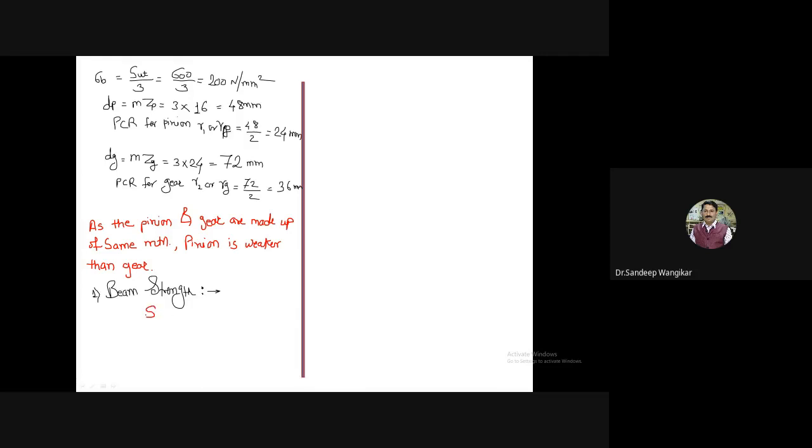All things are given, so I will write down SB is equal to MB sigma B into Y. Just substitute the values: 340, sigma B 200, and Y is given for 16 number of teeth as 0.295. So if I substitute all the values, I will get SB in Newton. Tell the value for SB.